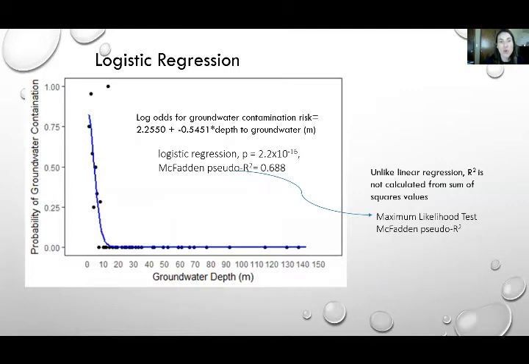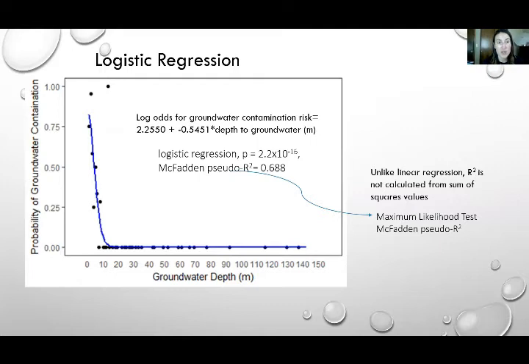Okay, so when I conducted that logistic regression, it gave me predicted values. So this is my back transformed probabilities for groundwater contamination based on the depth to groundwater. And that was based off this equation that you see on the top of the graphic here.